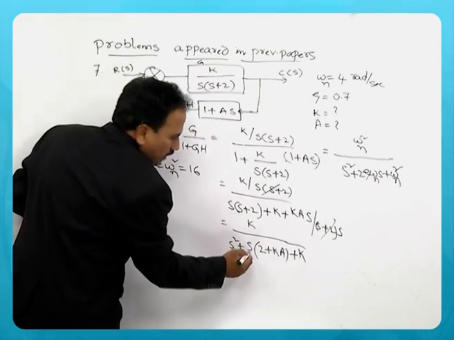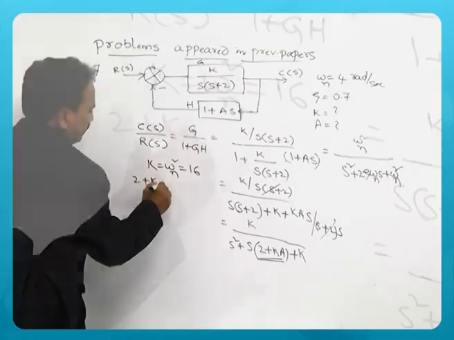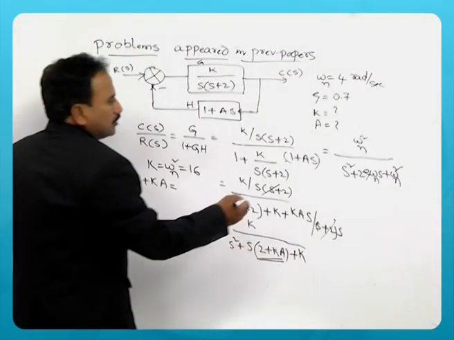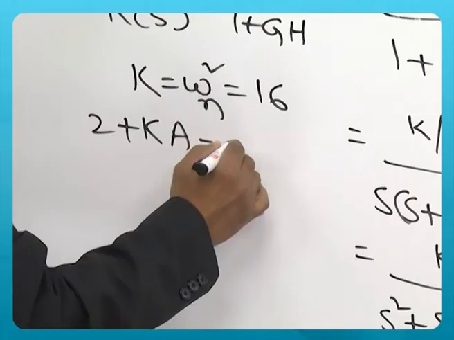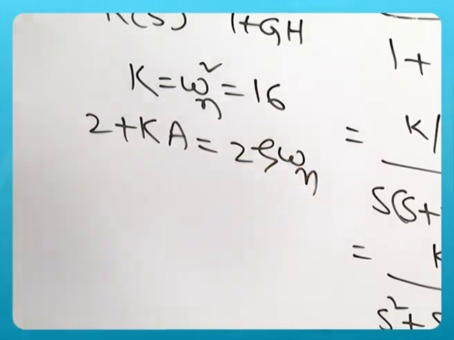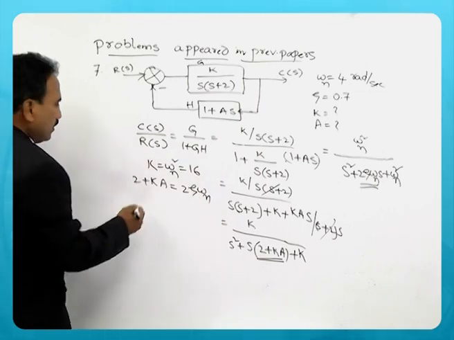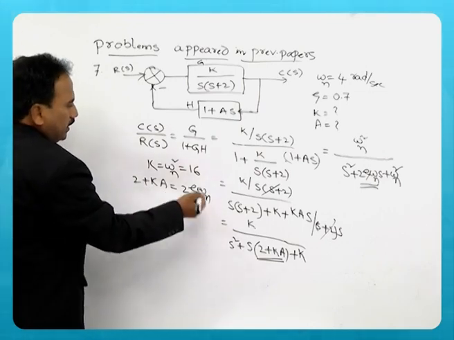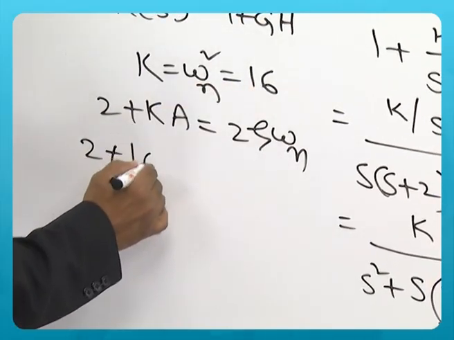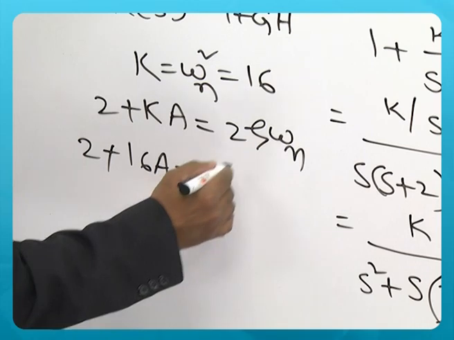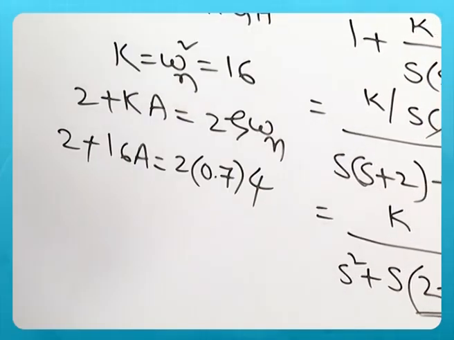So, you can see that the s coefficient is this 2 plus ka, that must be equated to this 2 zeta omega n, where zeta is given and omega n is given, and k you have already obtained as 16.